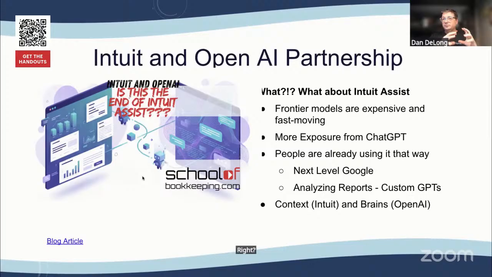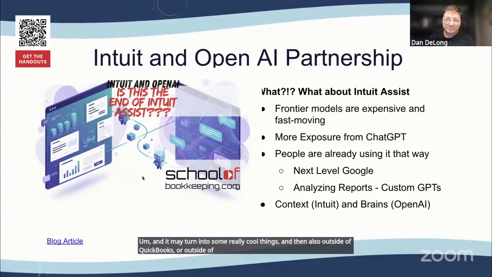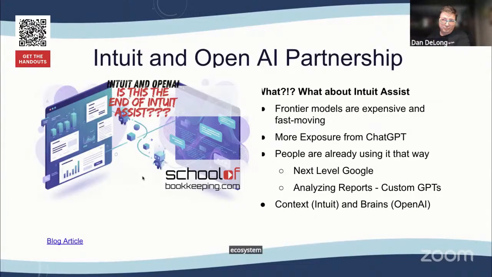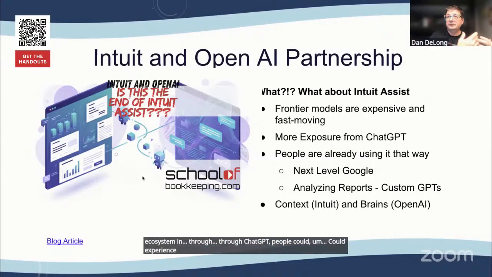So a lot of this, I'm imagining, will be kind of automated through the Ask Me Anything inside of QuickBooks, and it may turn into some really cool things. And then also outside of the Intuit ecosystem, through ChatGPT, people could experience something that an Intuit product or service might offer them.